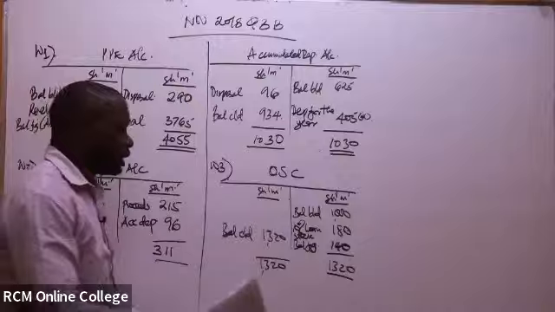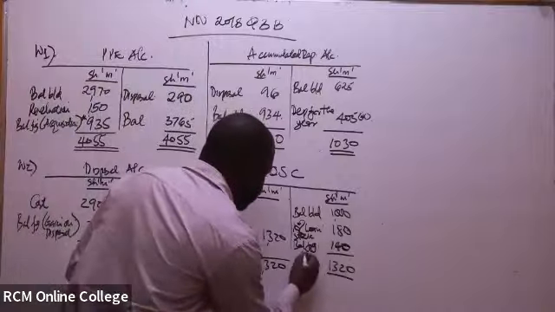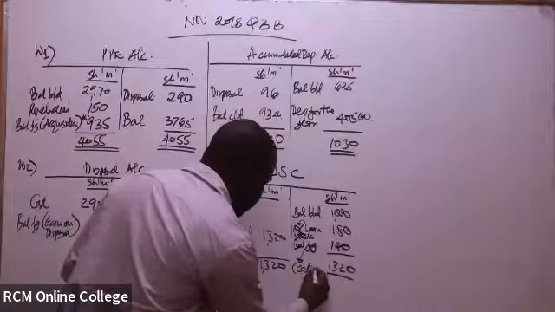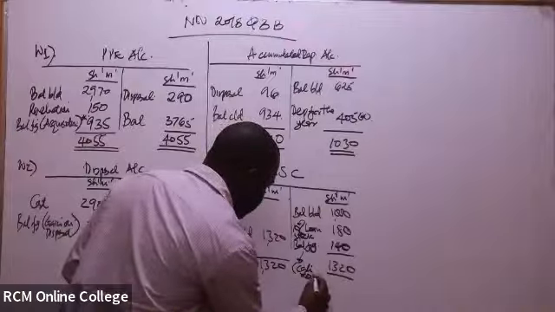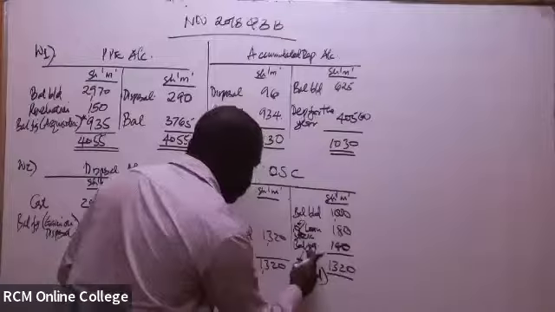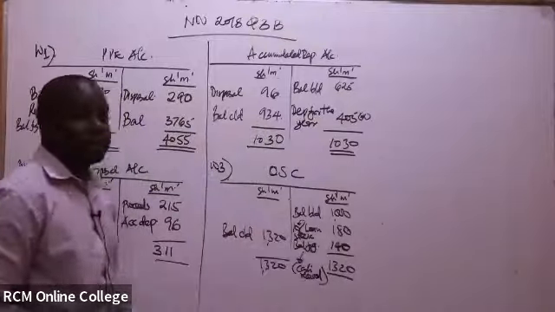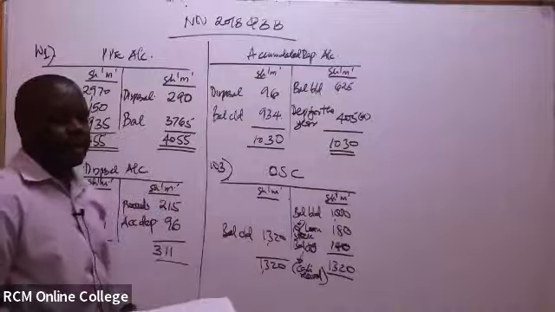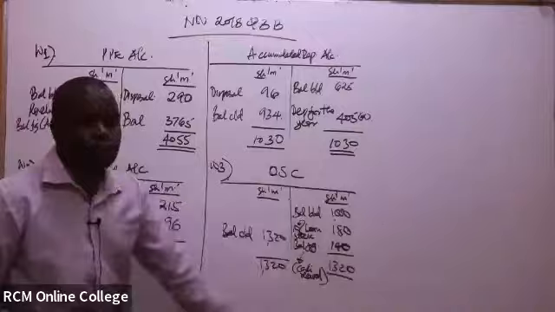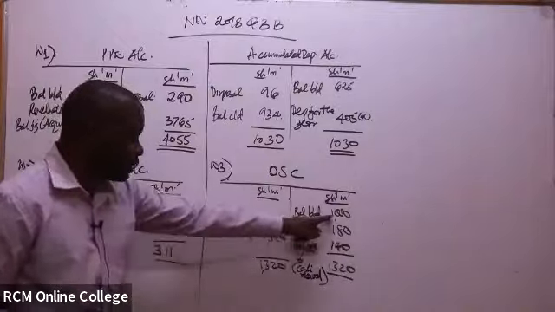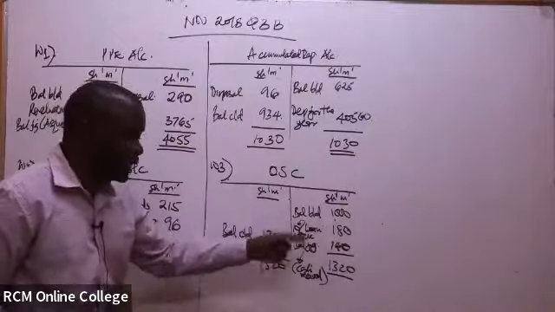So this one is actually cash they received. Only that I don't have space here, you need to put in brackets and say cash received on sale of shares. So it ended up increasing the ordinary share capital. What is happening here is we are debiting the cash account because they got an extra 140. For the 180, which was part of the 320 that increased the ordinary share capital, it was not real cash they received.